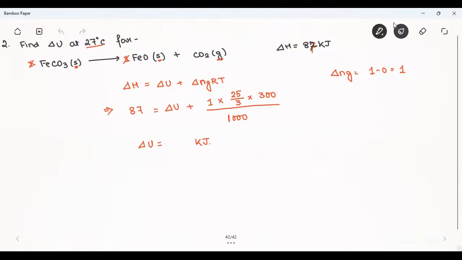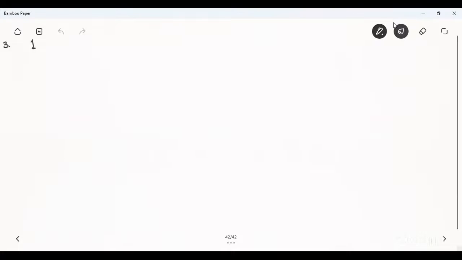Okay. 1 mole of non-ideal gas. This is also a neat question.